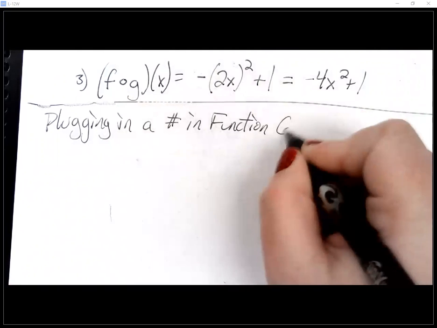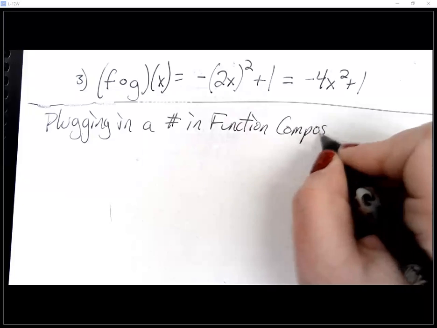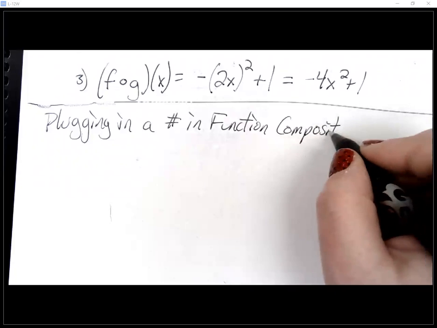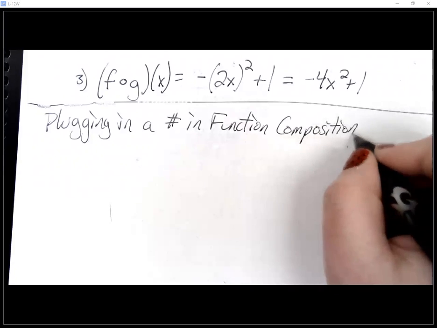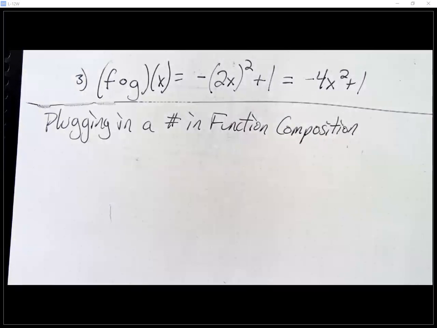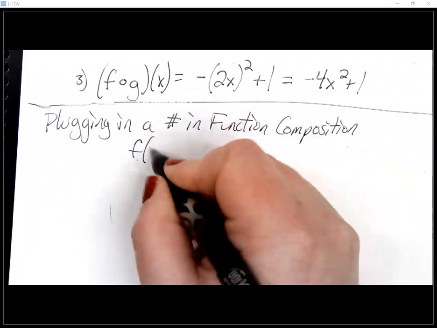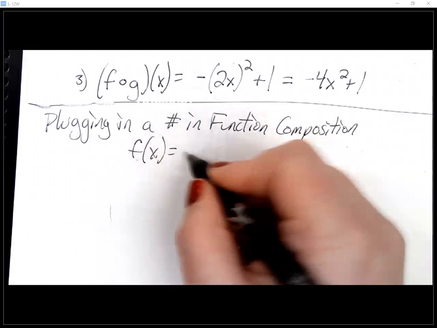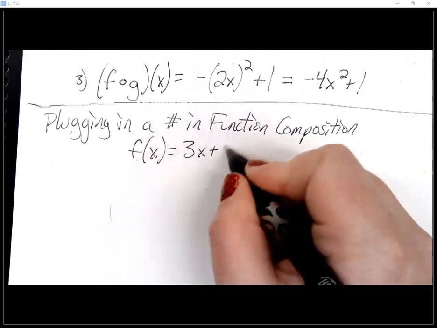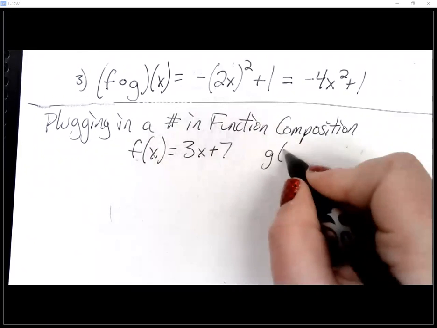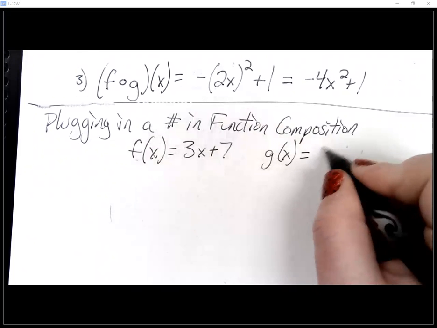There's 2 ways to do it, an easy way and a harder way. I'm going to show you the easy way. So let's just start off with 2 functions, f of x, about 3x plus 7, and g of x could be, I don't know, 5x, who cares?